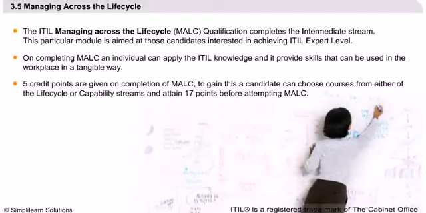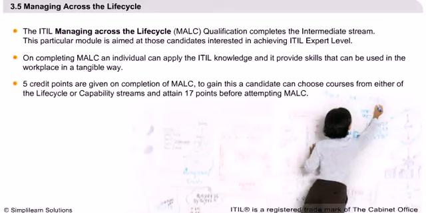Managing across the lifecycle is the last step in achieving the ITIL Expert certification. Therefore, it is mainly focused on individuals who want to become ITIL experts. On completing MALC, an individual can apply the ITIL knowledge, and it provides skills that can be used in the workplace in a tangible way.